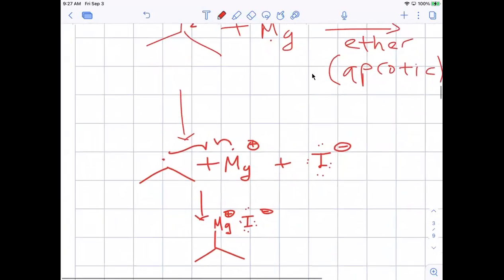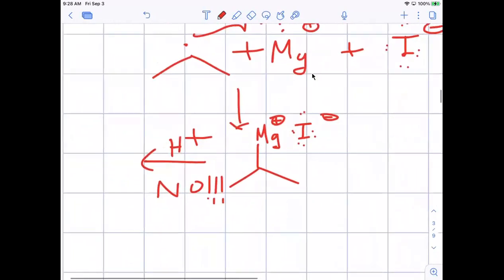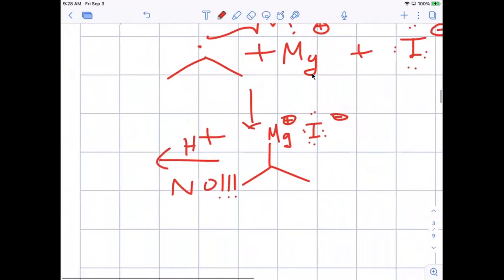Now imagine, again, if you were to just add H plus, or if you did this in a solvent like acetic acid or water or ethanol or something like that, right? All that would do is give you this, right? You don't want that.